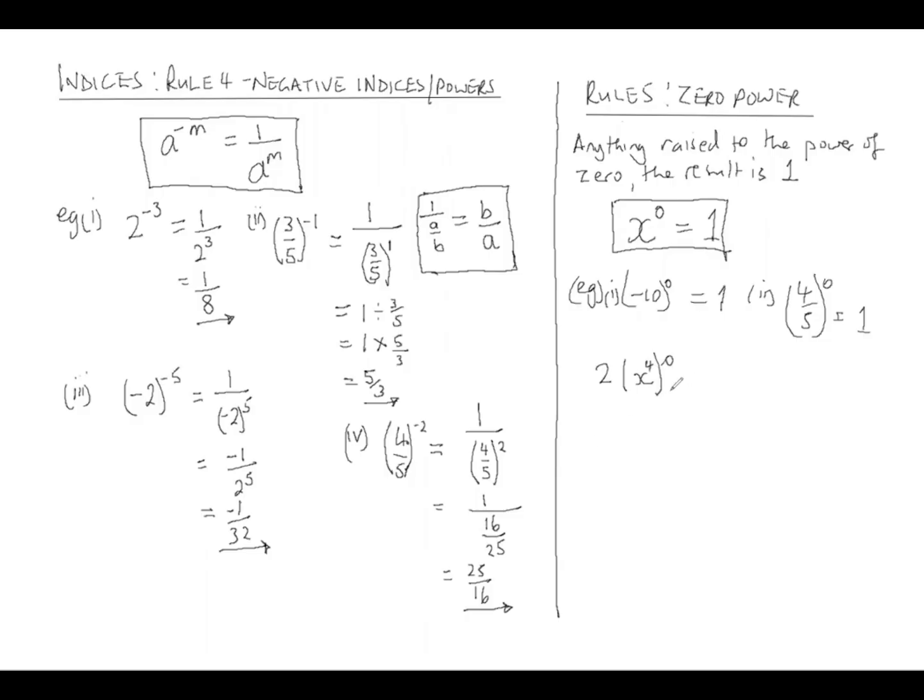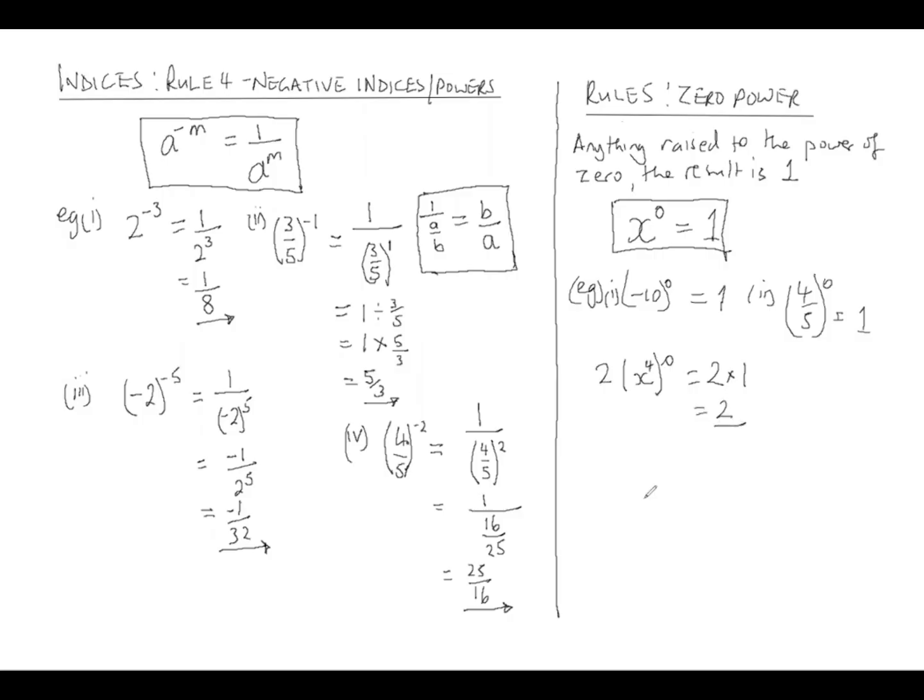Now you need to bear in mind that the 0 is affecting what is inside the brackets only. This 0 does not affect 2 in any way. So this is the same as saying 2 times x to the power 4 to the power 0. Because this whole thing has been raised to the power 0, the whole thing is just 1. Okay, so the answer is 2.